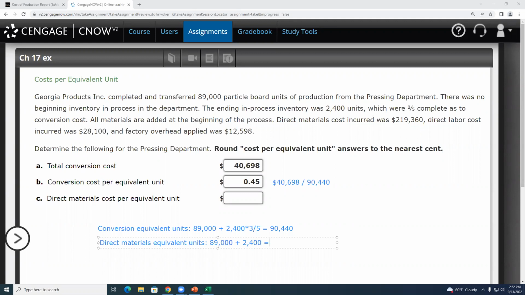So even though that ending inventory isn't done as it applies to conversion costs, all the direct materials would be in. And our direct materials cost was given as $219,360. Divide that by the number of units, and I got $2.40.